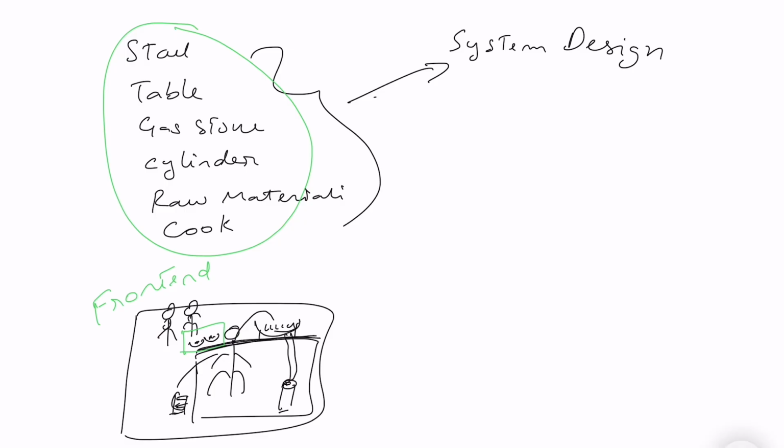Okay, and this entire part, the setup, the stove, the gas cylinder, the person working, the ingredients, in fact the stall, the table, everything, is like a back end. Okay, now you can relate this to your front end and back end.